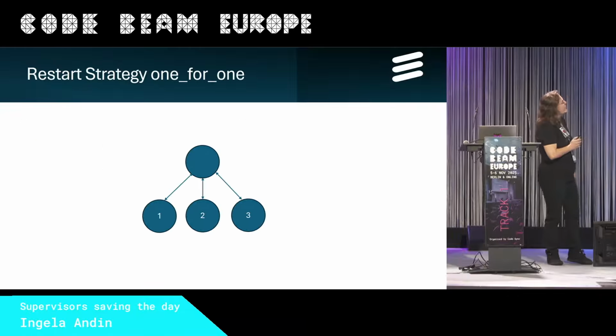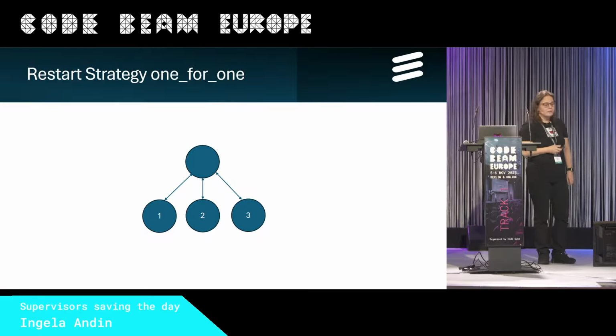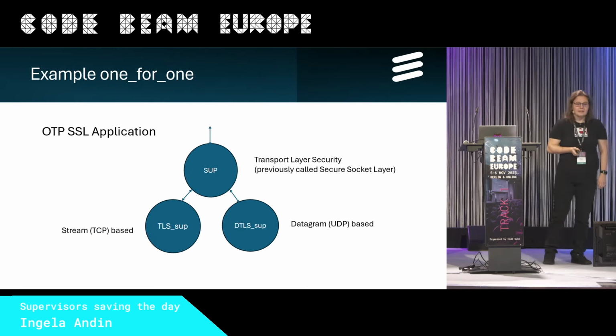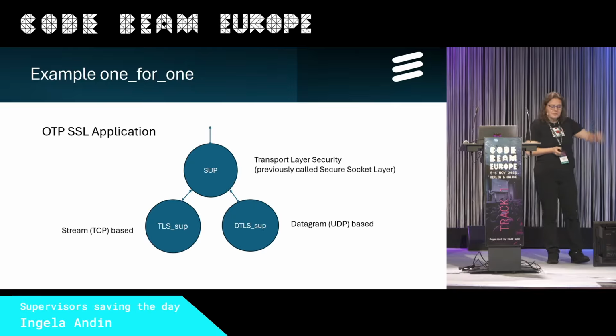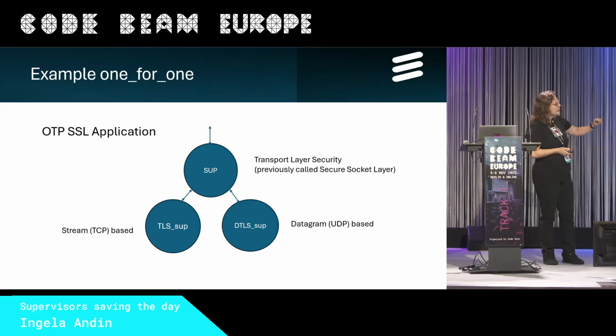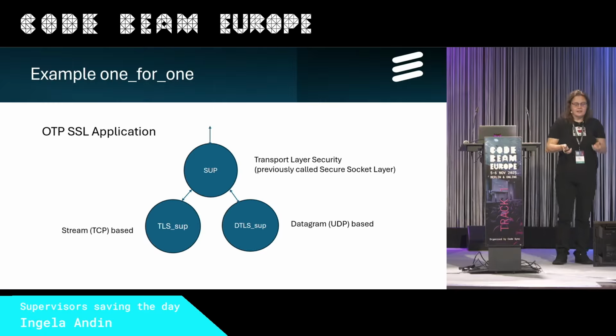So, for strategies, if we have the one-for-one strategy and process 2 crashes, only process 2 will be restarted. An example of this is fairly high up in the SSL supervision tree. We have a supervisor, and actually the TLS protocol comes in 2 flavors. It's a stream-based flavor, which by default is run over TCP.